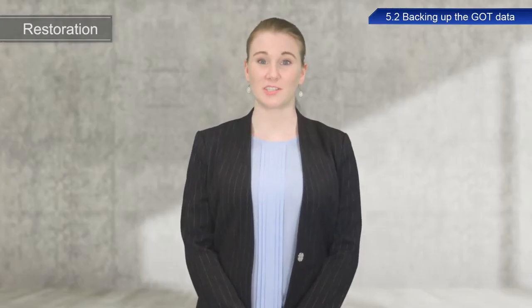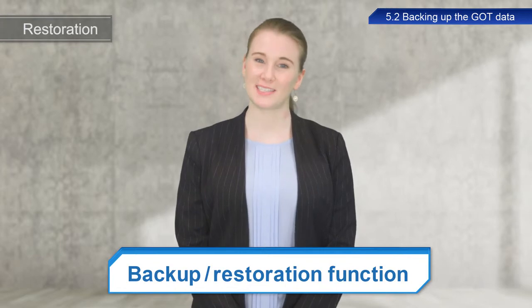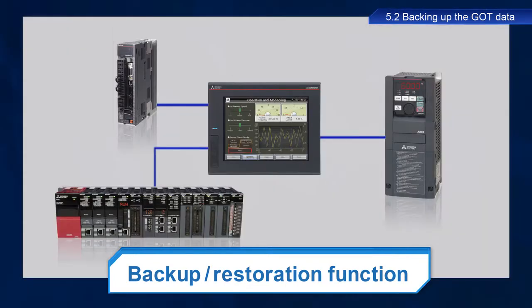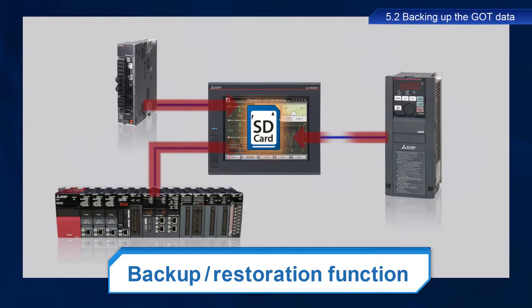There are some other GOT backup functions besides backup restoration. Data from other Mitsubishi Electric FA devices connected to the GOT can be saved to the SD card inserted in the GOT so that these devices can also be easily reconfigured using the saved configuration data when necessary.